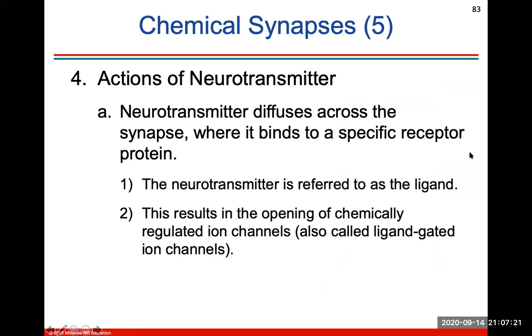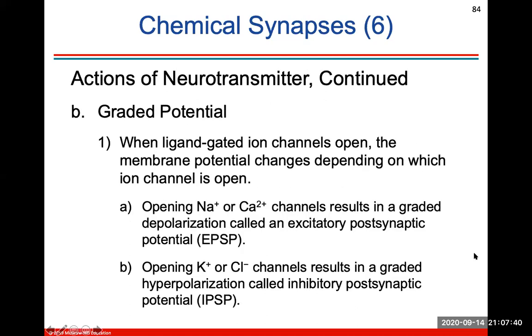Actions of the neurotransmitter: it will diffuse across the synapse, where it binds to a specific receptor protein. The neurotransmitter is referred to as the ligand, and this results in the opening of a chemically regulated ion channel, also called a ligand-gated channel.